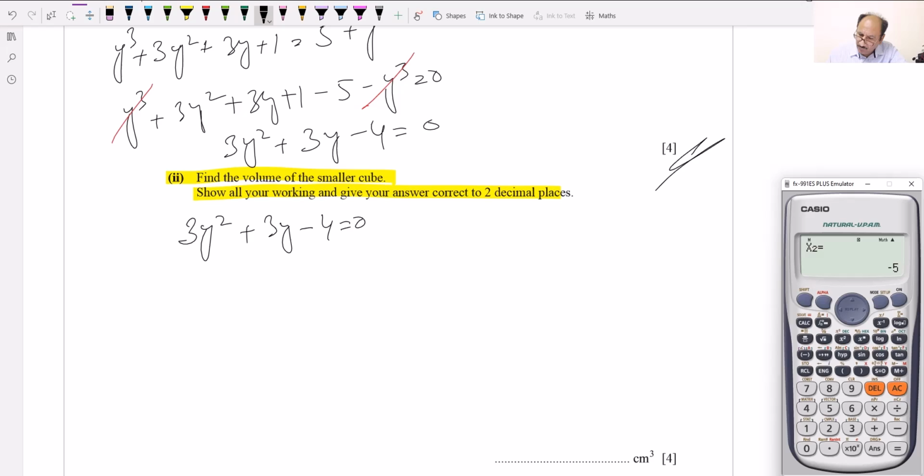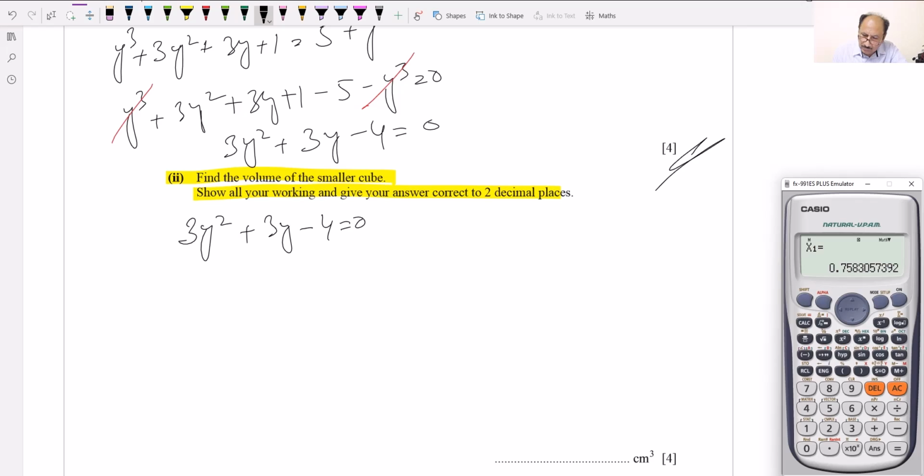Again we will use mode 5 3, the coefficient of y squared is 3, the coefficient of y is also 3, and the constant is minus 4, and this will give us a value, which in decimal we can write as 0.7583. They're saying correct to 2 dp.